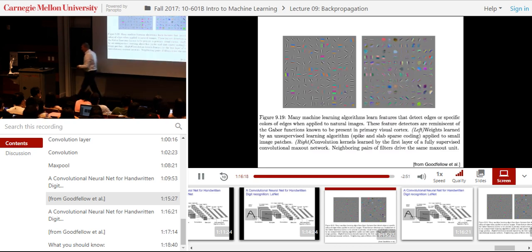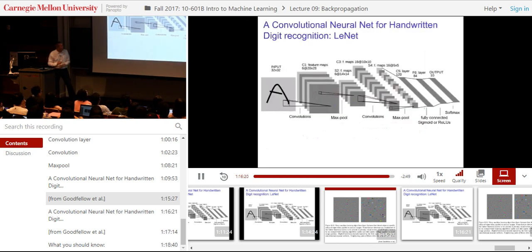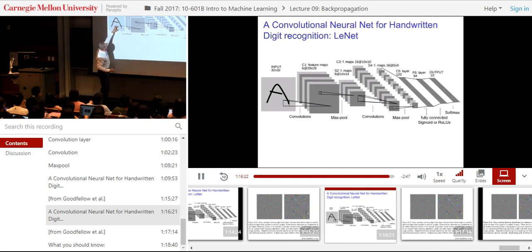So let's think about what that means. If we go back here, what it means is the neighboring images on that next slide come from things that drive the same max-out unit.